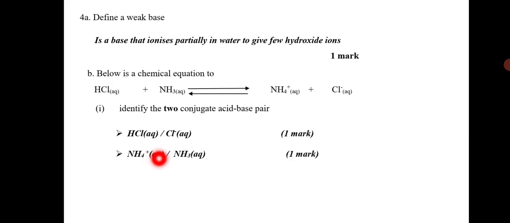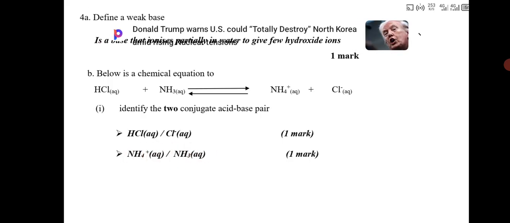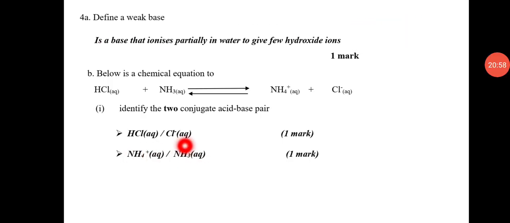Take note, here ammonium is considered to have the ability to give away 1 hydrogen in a chemical reaction. As a matter of fact, that's what it's doing. It is going to give away 1 hydrogen to chloride ion in a backward reaction, so that you have HCl and NH3 remaining.